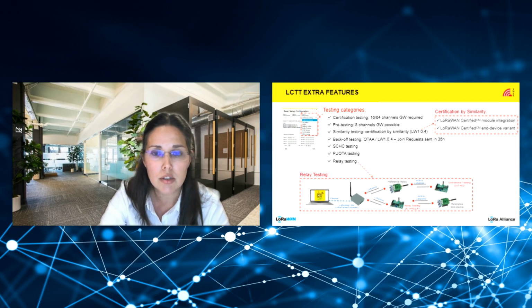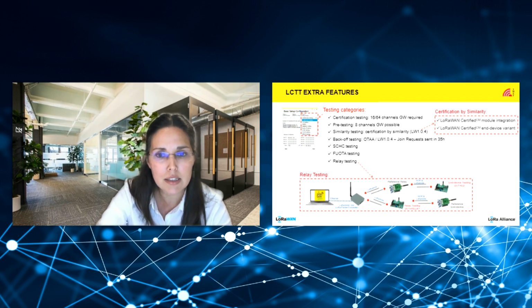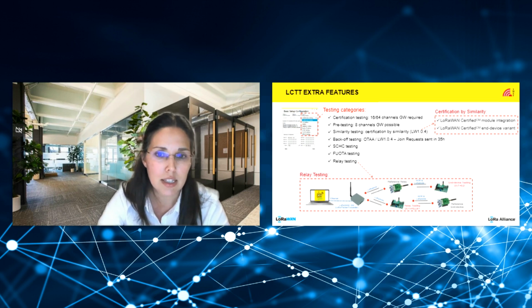In this case, we can separate the testing into two different options. We could be interested in testing the end device communicating via the relay. In this case, we need a reference relay for the testing, or we could use the device under test to be the relay itself.